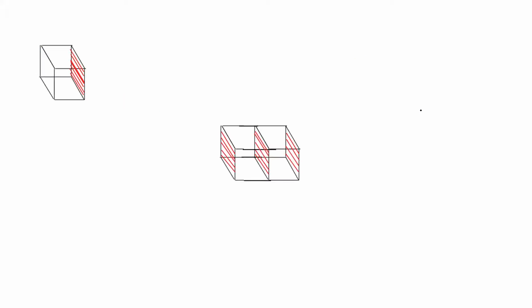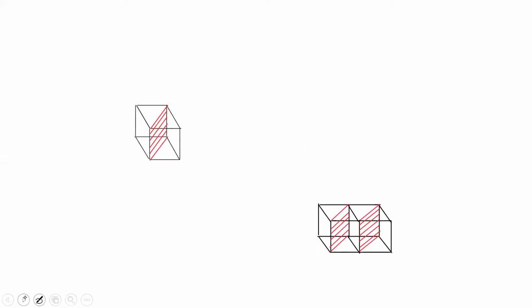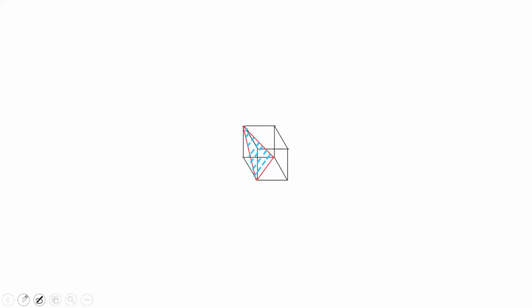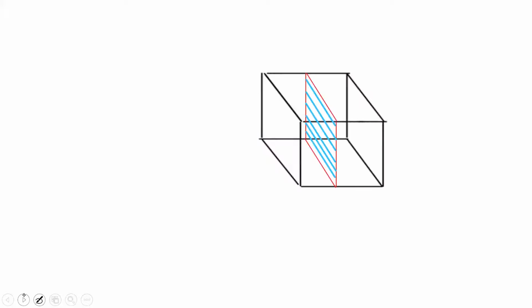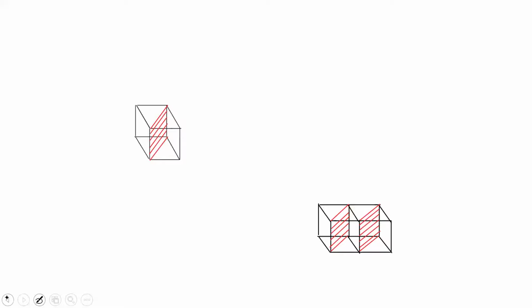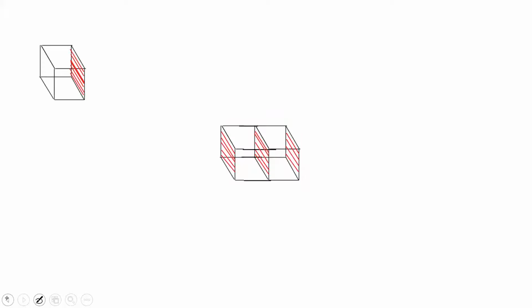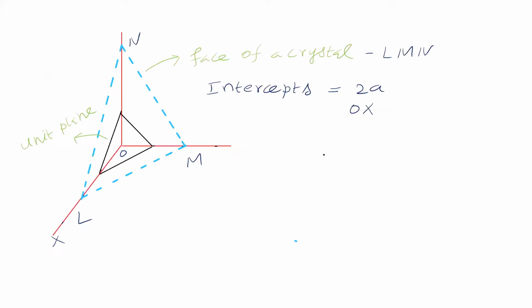Then we take the OY axis, where we take OM.